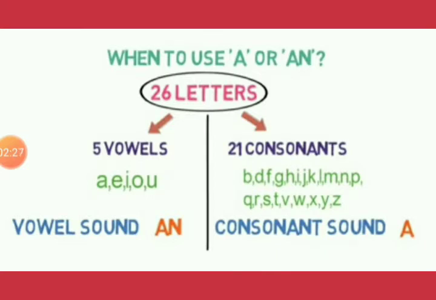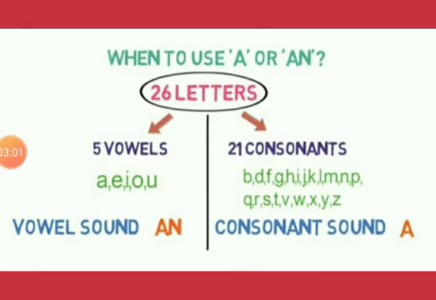Now, when do we use a or an? We know that English contains 26 letters, and 5 of them are vowels: A, E, I, O, U. We call these 5 letters vowels. The rest of them are consonants.